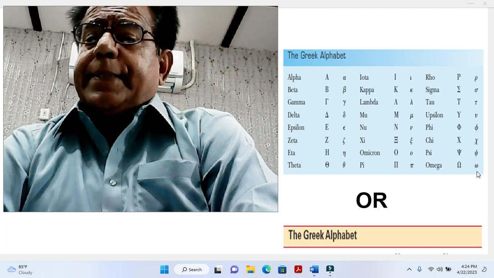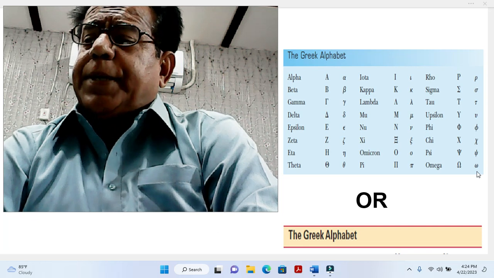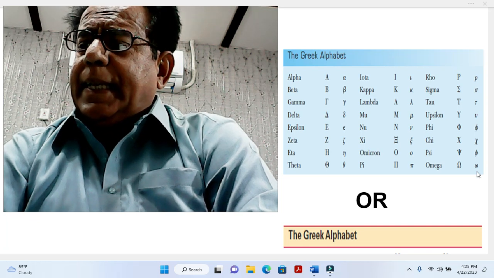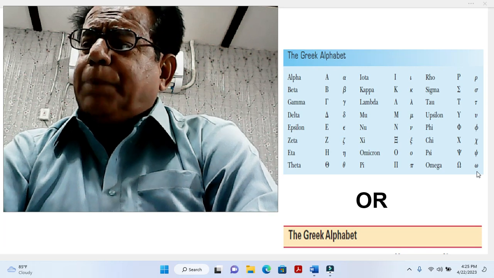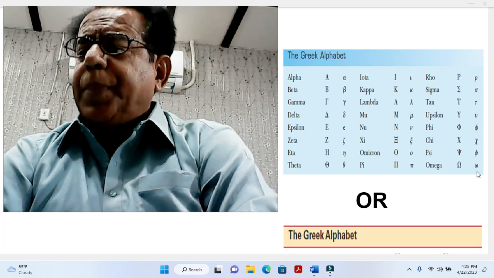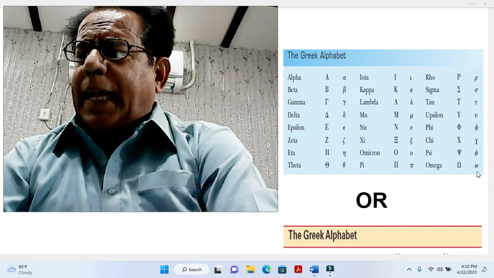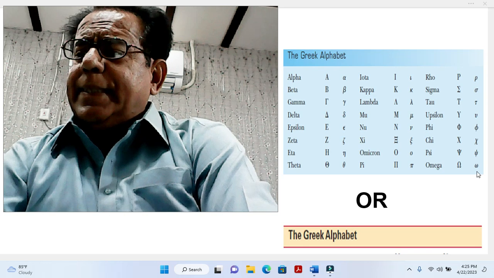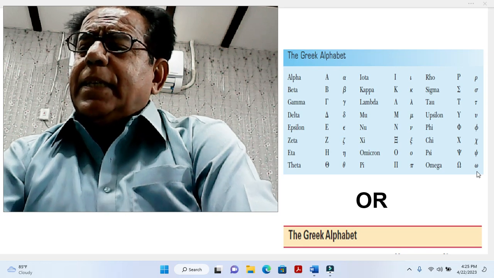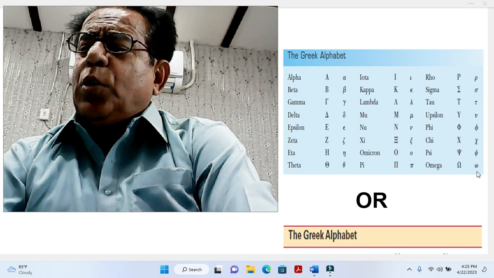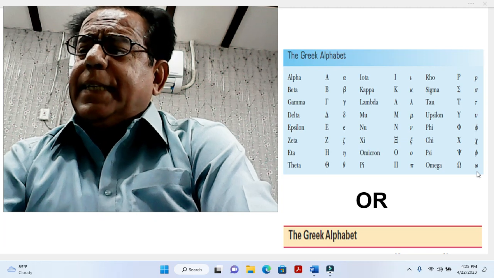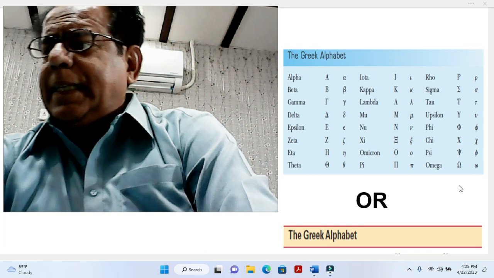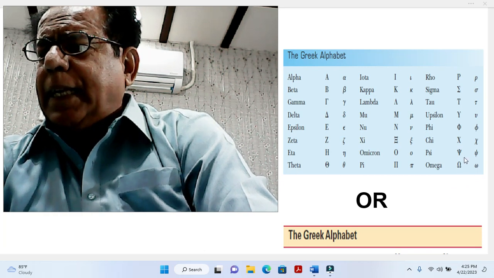The angular frequency, denoted by omega, has a shape similar to W, but it is different enough from the actual W. This W-like omega symbol is the lowercase, and if we write it in capital letters, the symbol becomes entirely different.